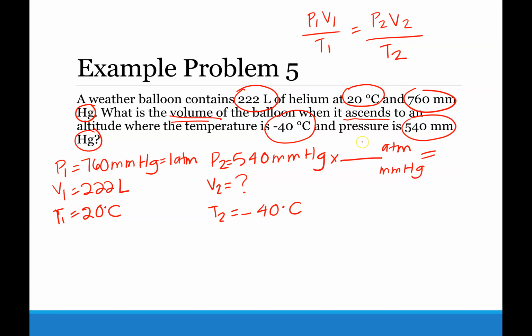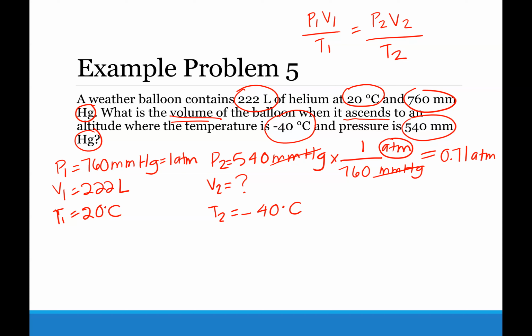And so we just said that in 1 ATM, there is 760 millimeters of mercury. So millimeters of mercury cancels and we're left with ATM. So in your calculators, 540 divided by 760 equals 0.710, so 0.71 ATM, and that's going to be our new P2.